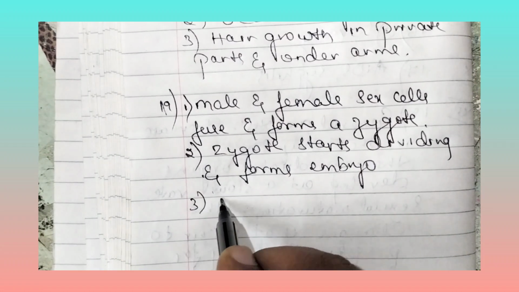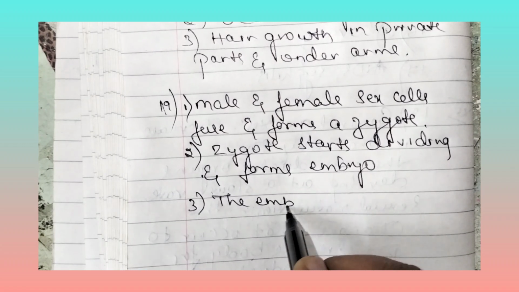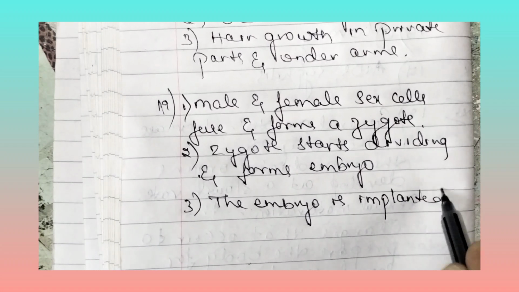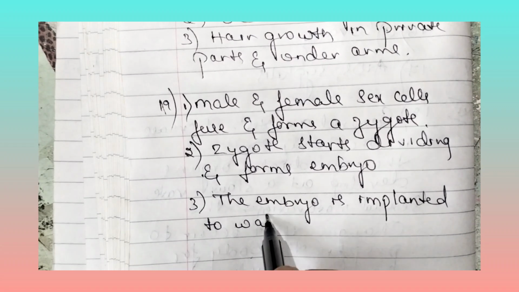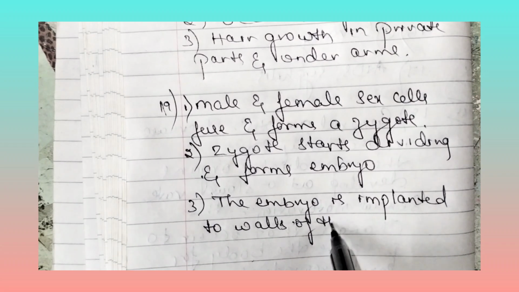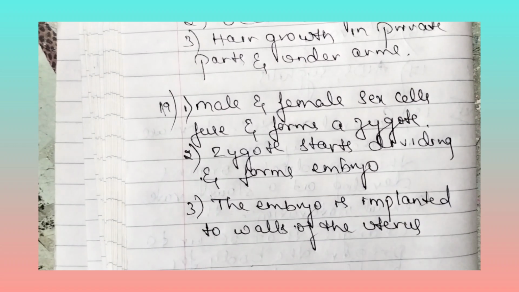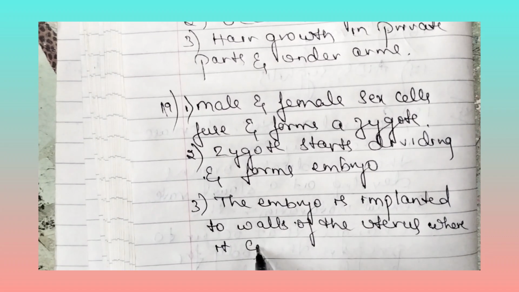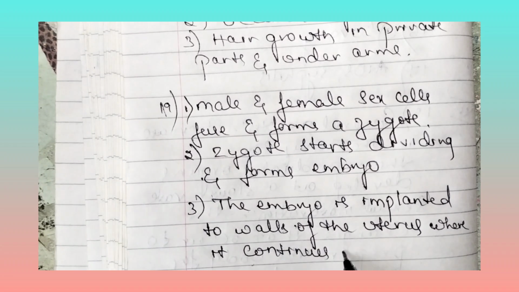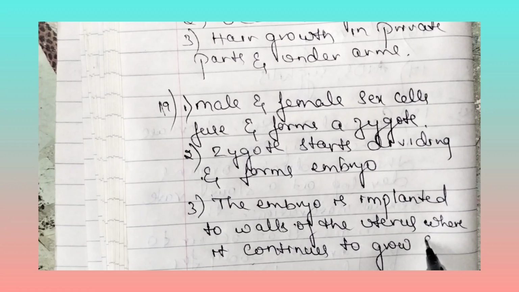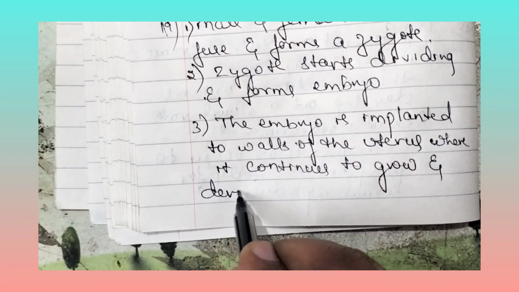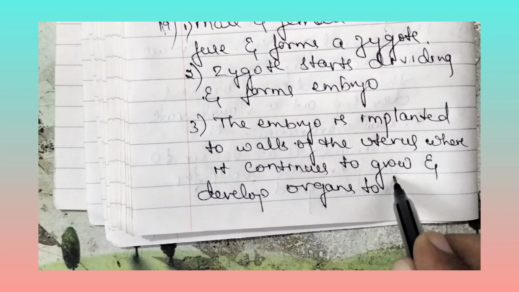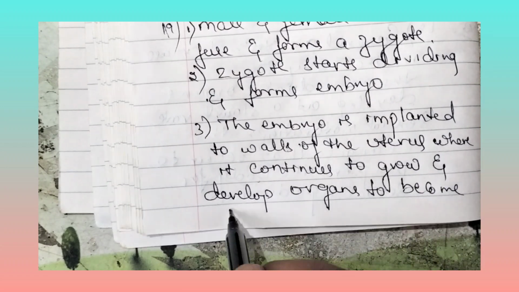Then third point, the embryo is implanted to the walls of the uterus, where it continues to grow and develop organs to become fetus.